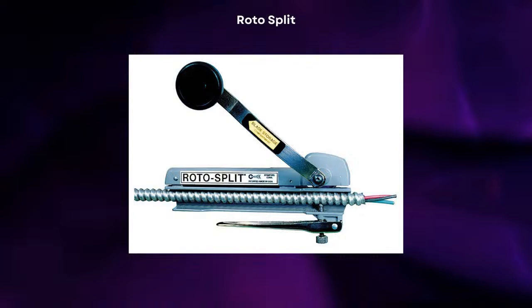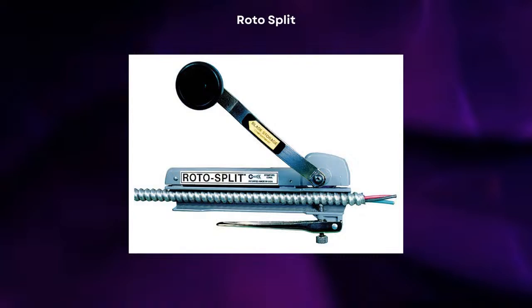And then I actually did a really popular post. Everyone probably already knows it. I still have it saved. I'll have to do it again. It has the 2017 code book on there. I did a termination and cut it with my dikes, and then I did another termination and cut it with my Roto Split.